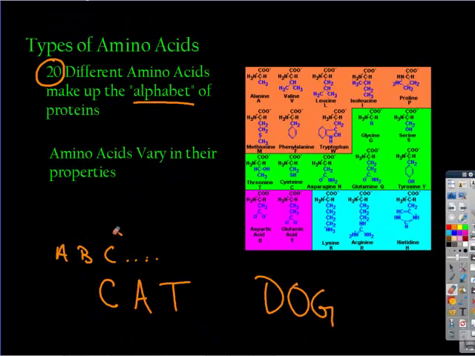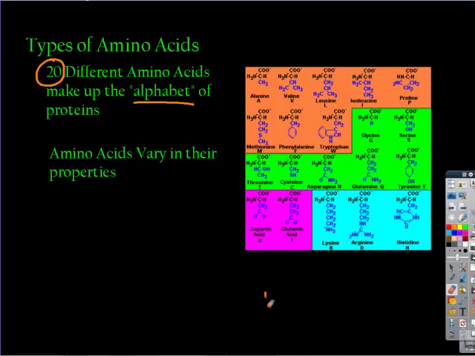Obviously, they're not words, but if you think of proteins themselves like words, that you can spell different ones using different letters. Okay, now, as you can see here, these are our types of amino acids over here.